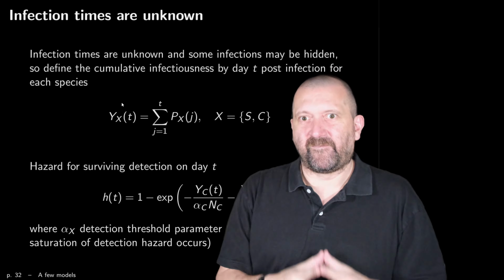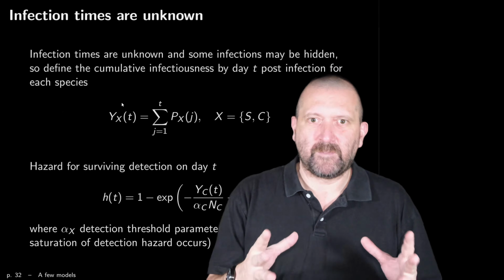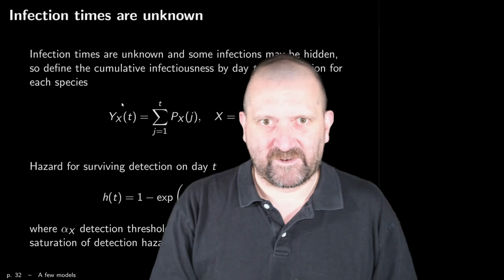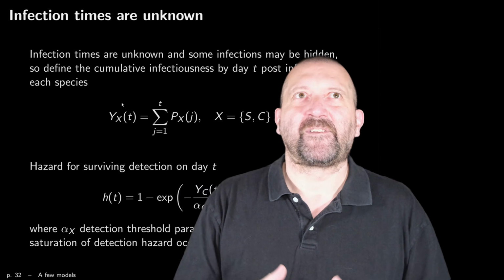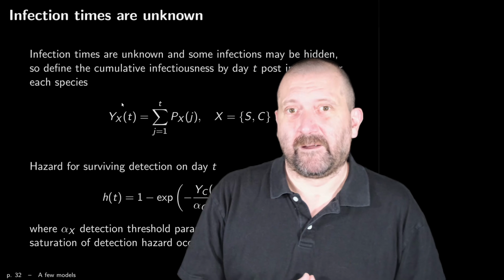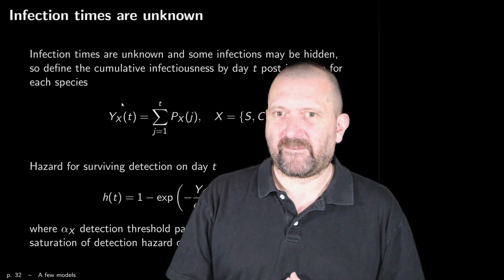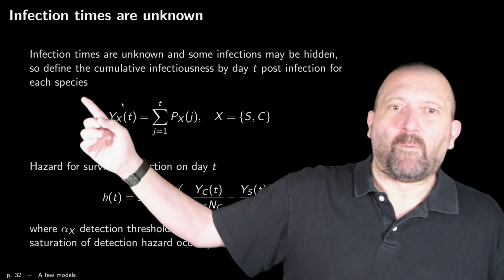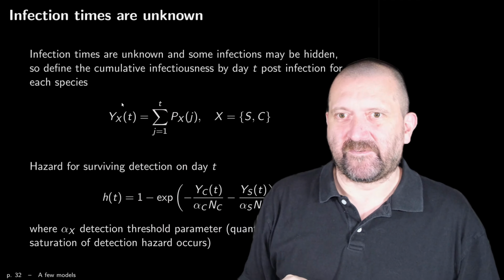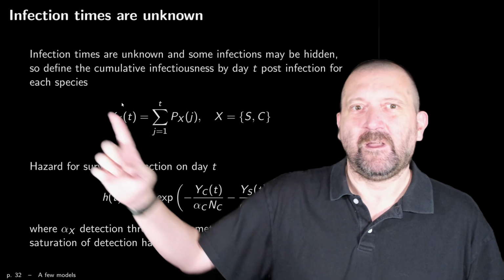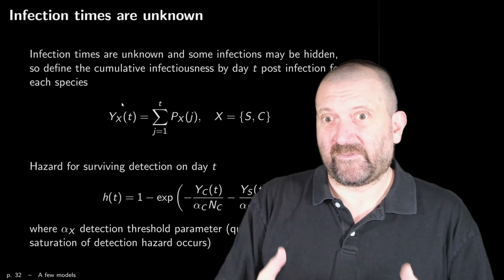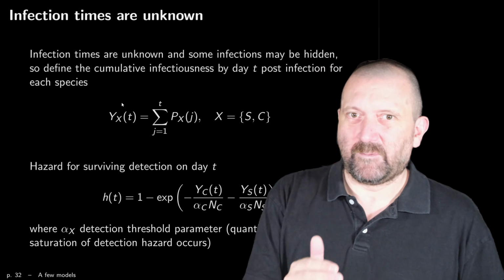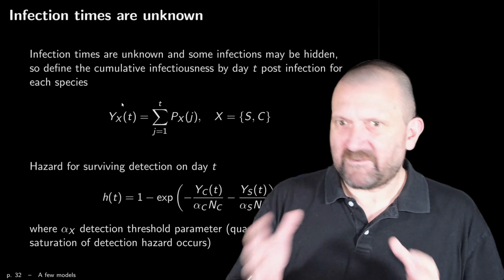Now, one thing that's very interesting with this model, and if you remember, I pointed out when looking at the characteristics of the disease that, for example, in sheep, it can be quite hard to tell if a sheep is infected. Okay, so the two main sources of uncertainty in this model are that the infection times, the time at which an individual animal becomes infected, are typically unknown.